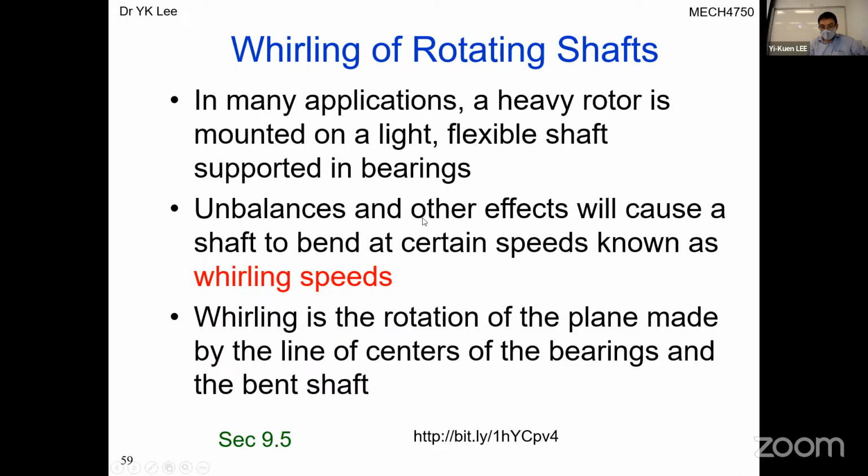This is very common in real operation of rotating machinery. It really depends on the geometry. If the shaft is soft, more flexible, longer, then we may need to face this problem of imbalance for rotating machinery.